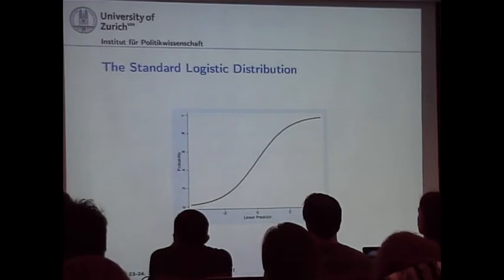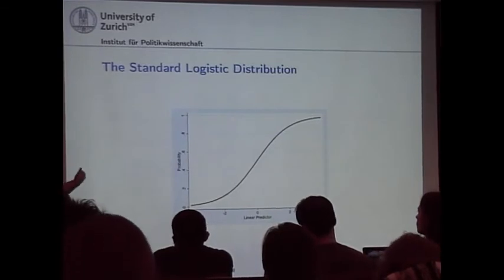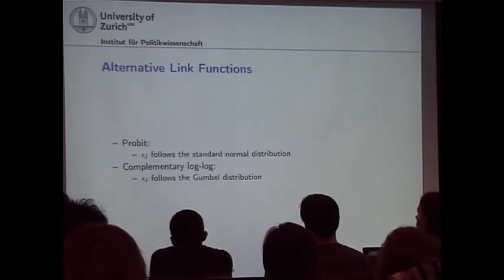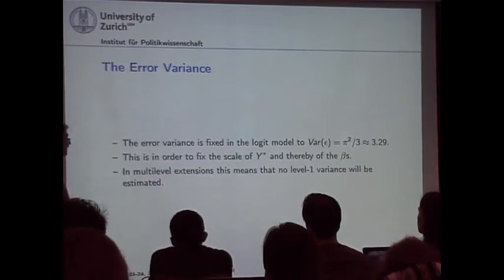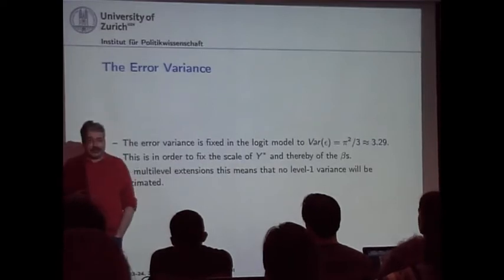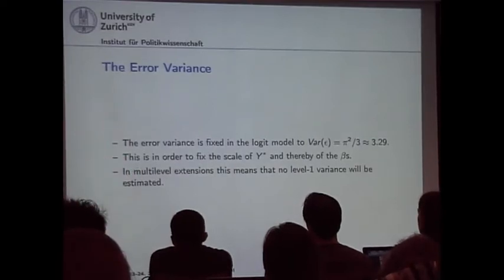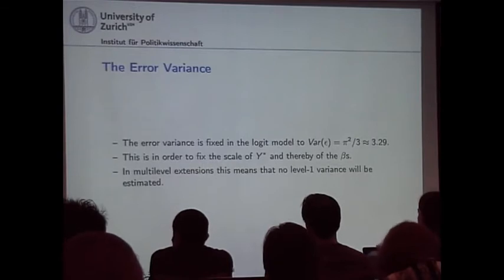That's what we use to fix the scale of y, and that is what we can then use to fix the scale of betas. But the point is then that in multi-level extensions of the model, we will never estimate the level 1 variance. That's a big difference to the hierarchical linear model.